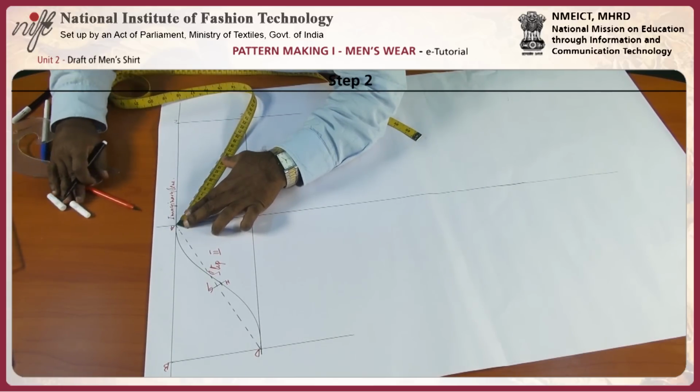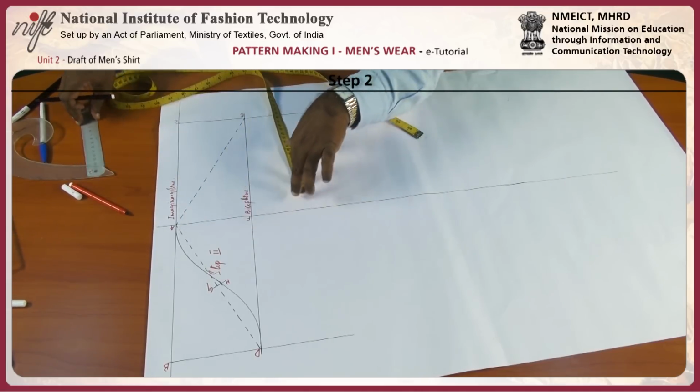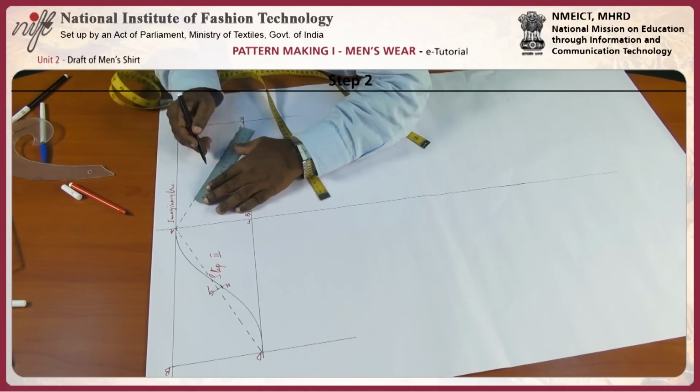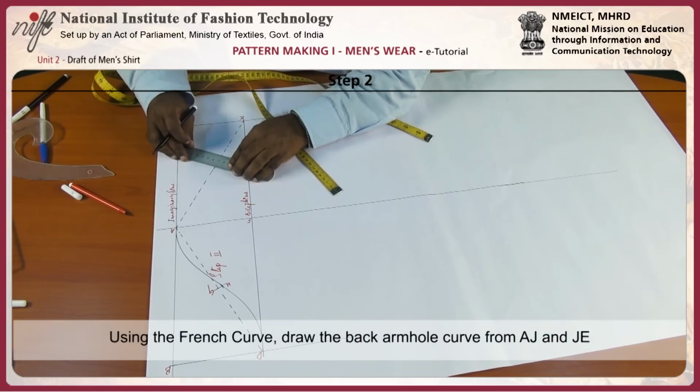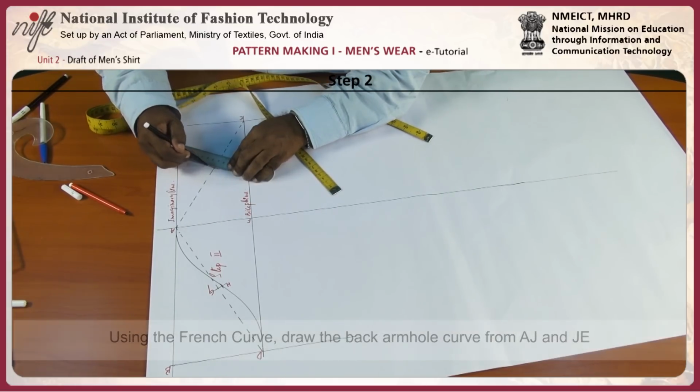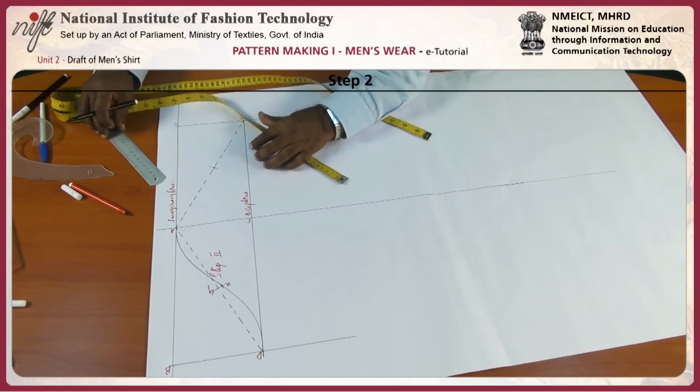This will be same as AG, that is 12.8. Then draw a perpendicular line to the dotted line.